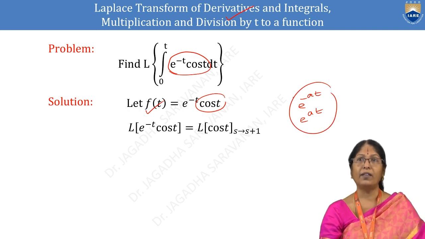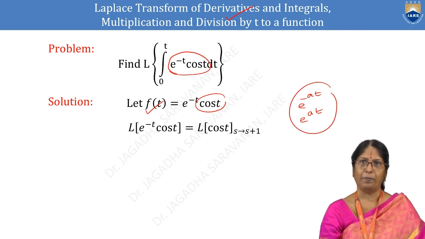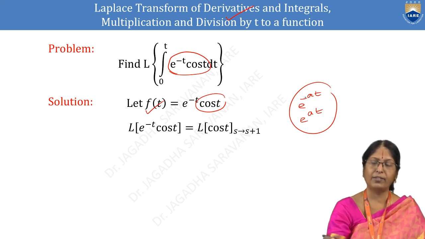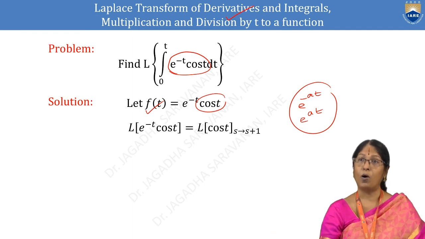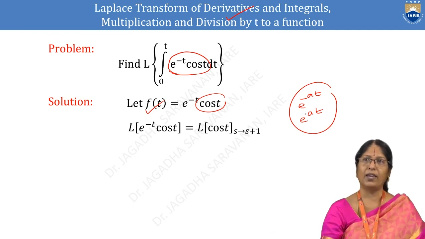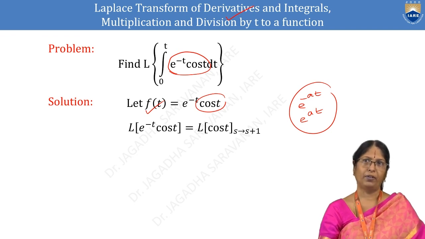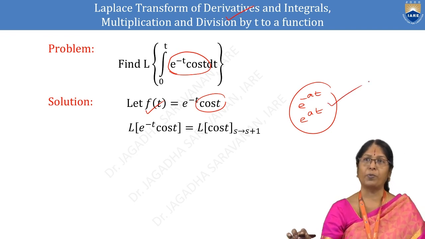After applying the Laplace transform, the result will be in terms of s. That s will be replaced according to the first shifting theorem: if it is minus a, s plus a, opposite. If it is plus a, opposite, s minus a. Fine. This is according to the formula.